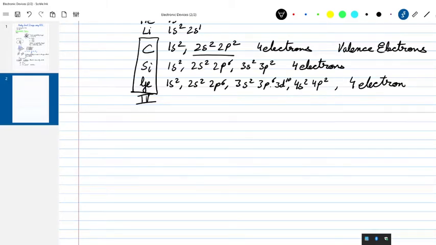Besides that, there is a group on the left side, which is group 3, and a group on the right-hand side, which is group 5.